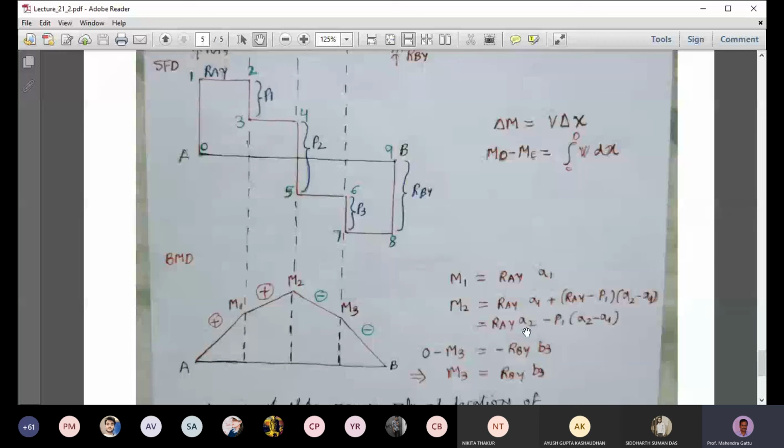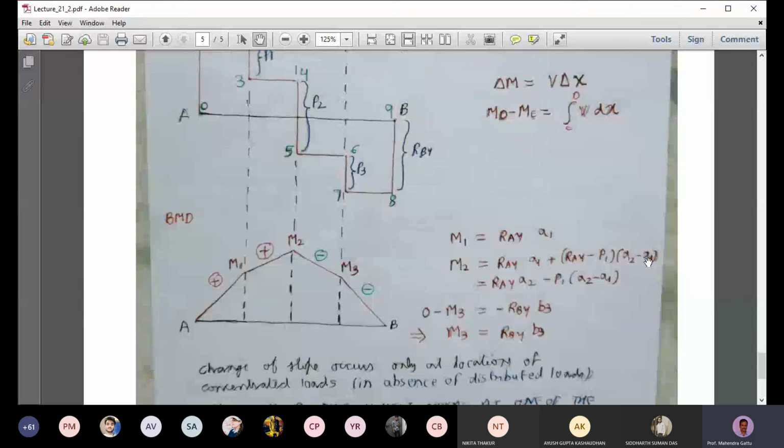The value of M2 will be the area under this entire curve: RAY times a1 plus (RAY minus P1) times this length, which is a2 minus a1. So we can cancel out the a1 term and we'll be left with RAY times a2 minus P1 times (a2 minus a1). So that is the bending moment at this location.